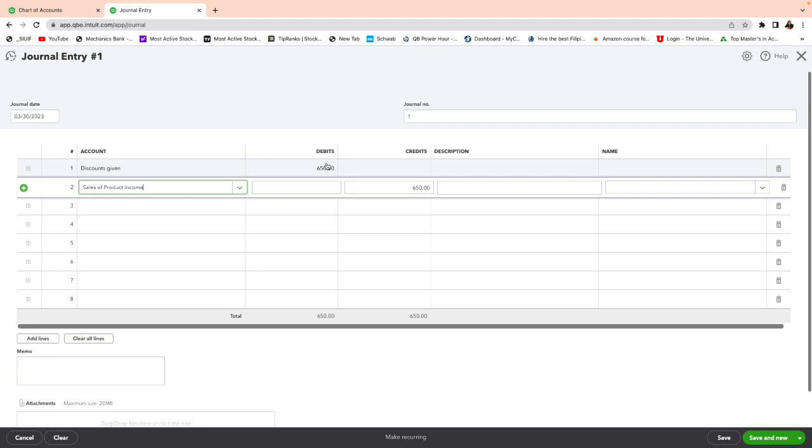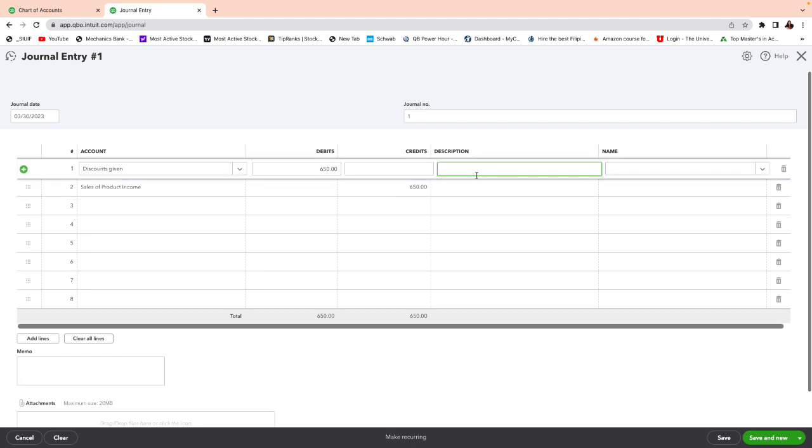It's going to zero out that amount, but it's going to show me that there was a discount given. So it increases the sales, but also shows that this is to reflect my discount, right? So it's always two sides of the coin. Okay, so I'm on the description here. I'm going to write down what that is: discount given to customers, and you can do it on both sides.